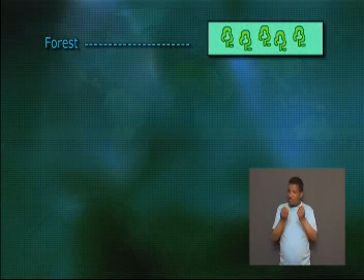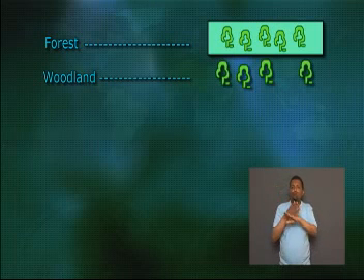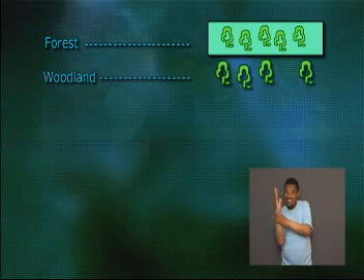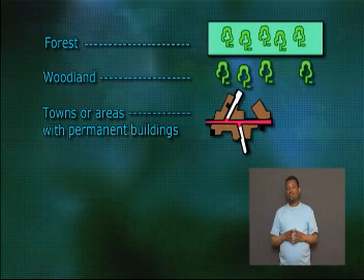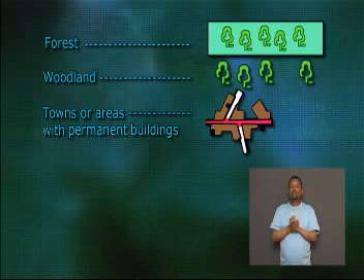Many topographic maps contain forests or woodlands, which are represented as small trees or tree clusters. Towns or areas with permanent buildings, including public buildings, are represented as clusters of blocks.